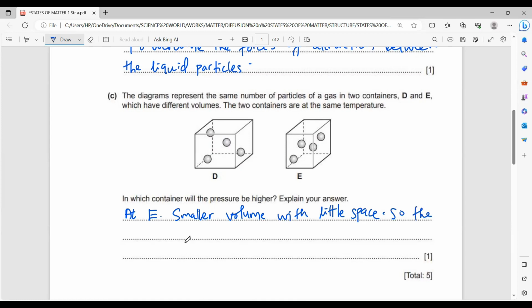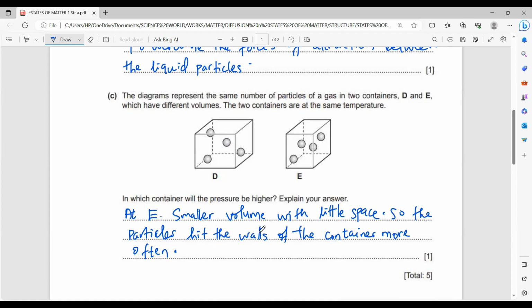So the particles hit the walls of the container more often. Or you could say the particles collide with the walls of the container more often.